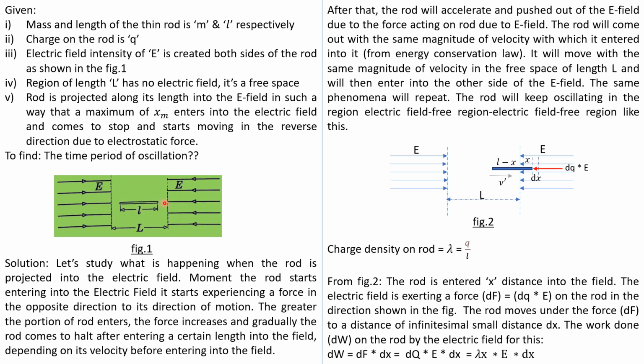When it starts entering into this E field, it will experience a force in the opposite direction to its motion. So gradually the speed v will decrease because of the retarding force, and it will come to a stop when a portion xm of the rod completely enters into this field, as per the question.